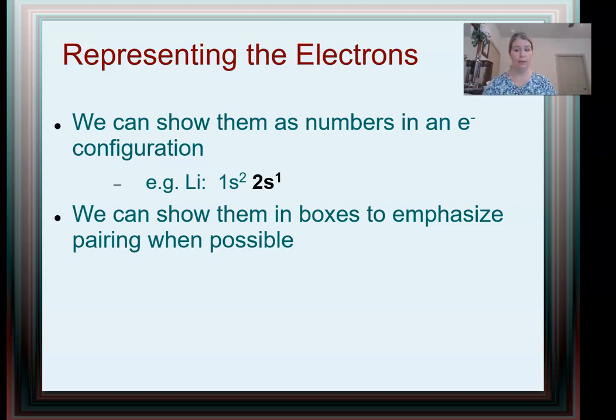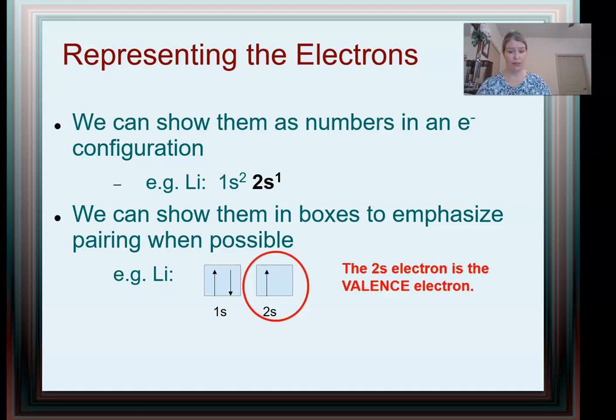Our orbital diagram labels the boxes and represents the pairing of the electrons in an orbital, where we show that the 1s electrons are 1 up, 1 down, and the 2s electron is alone. So the 2s electron here is my valence for lithium. So lithium only has 1 valence electron, even though it has 3 total electrons.